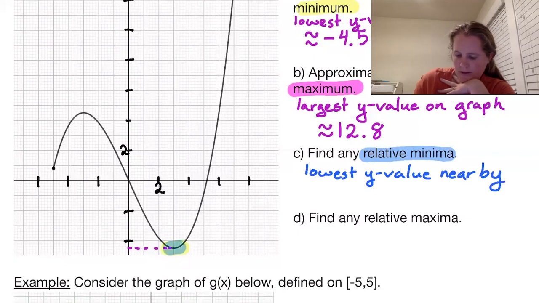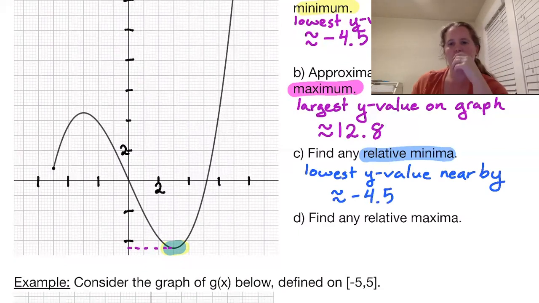The point that's our absolute minimum in this case is also our lowest y value near it. And so you could say that -4.5 is also a relative minimum.